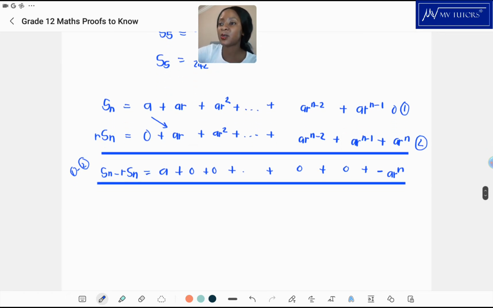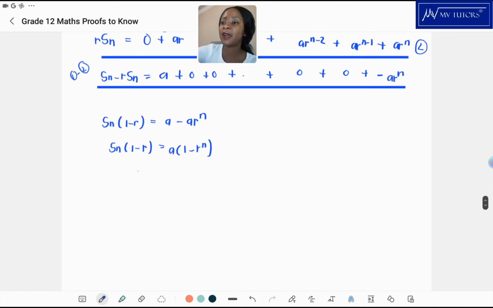Now we actually have Sn(1 minus r) if I take out the common factor, which is Sn, and then I have a minus ar to the power n. If I take out the common factor on the right side of the equation, I would take out a, so I would have a(1 minus r to the power n).